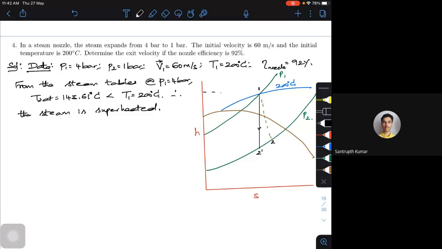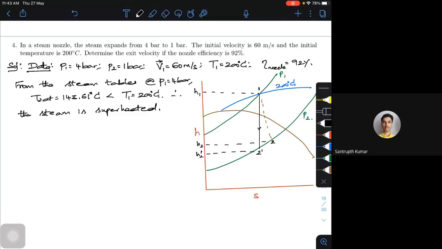So this is my H1, and this will be my H2 and this will be my H2 dash. What is nozzle efficiency? Nozzle efficiency is the ratio of actual expansion to theoretical or isentropic expansion.